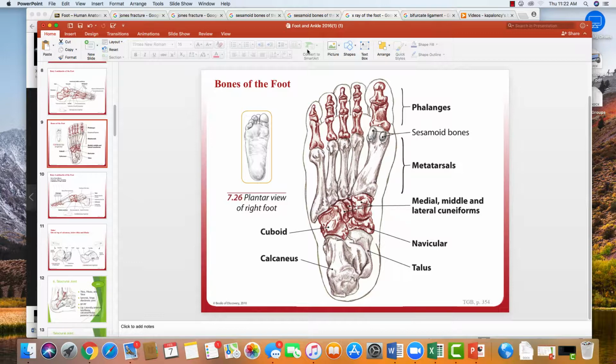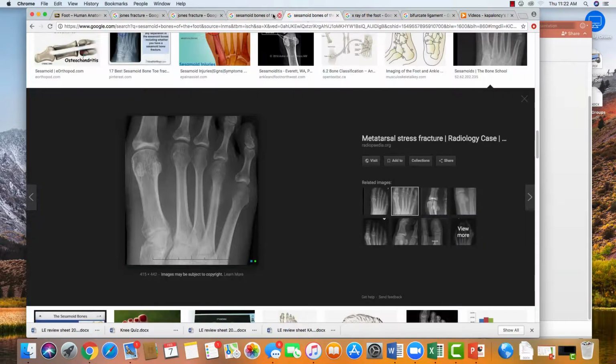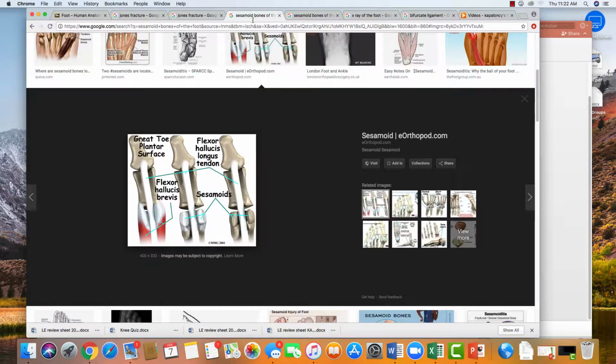And the function of the sesamoid bone, I've got a good picture here. So the sesamoid bone right there, this is the head of the metatarsal, and then we go proximal phalanx, distal phalanx. So this is all the great toe.